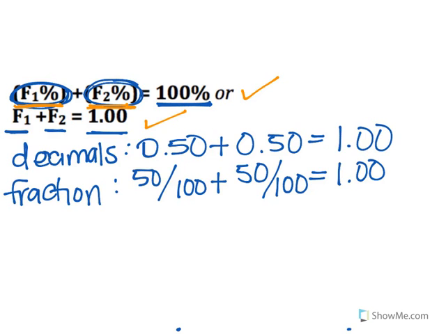Now, to let you know, as a personal preference, I prefer to do it in decimal form, just because it allows me to skip a step later on when I have to convert 50 over 100 to 0.5.